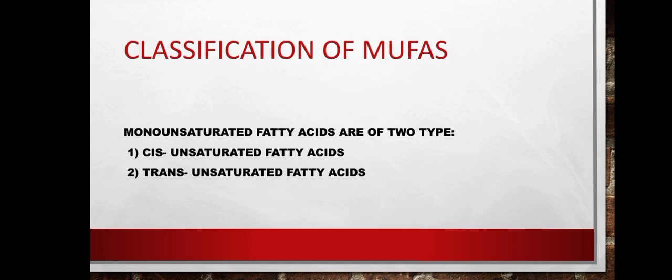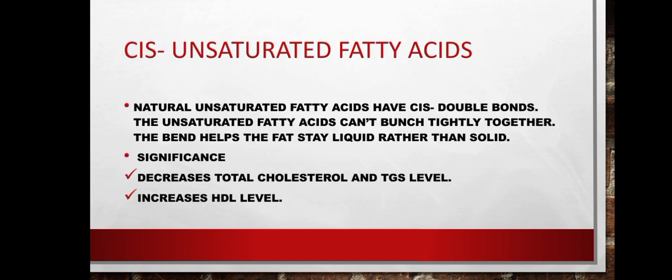Next, its classification. There are 2 types of monounsaturated fatty acids: cis-unsaturated fatty acids and trans-unsaturated fatty acids. First, we discuss cis-unsaturated fatty acids and then trans-unsaturated fatty acids. Natural unsaturated fatty acids have cis double bonds.